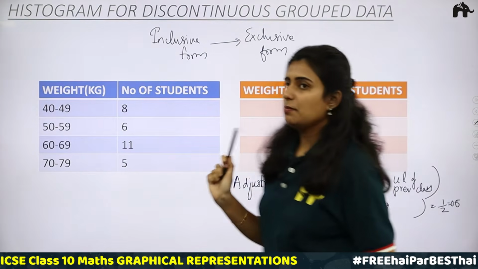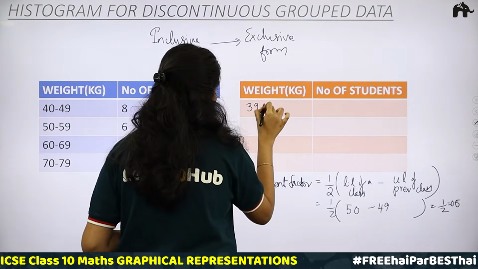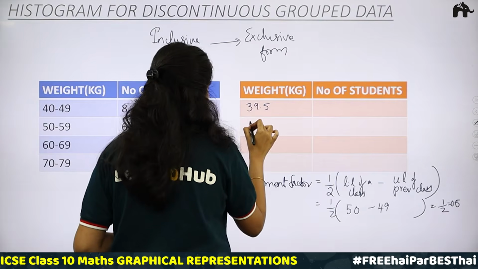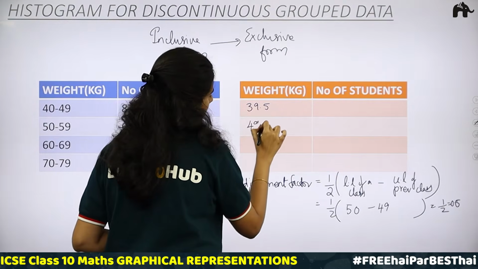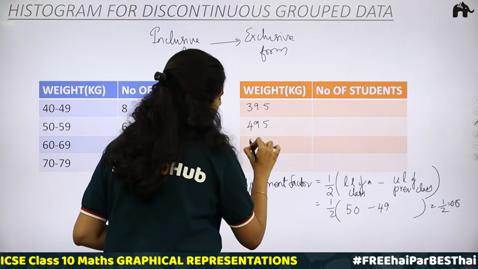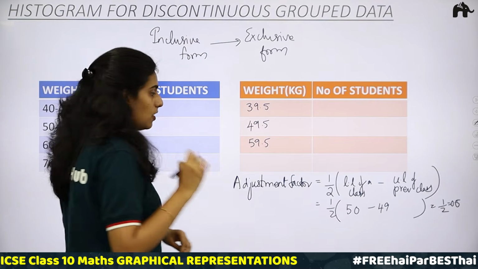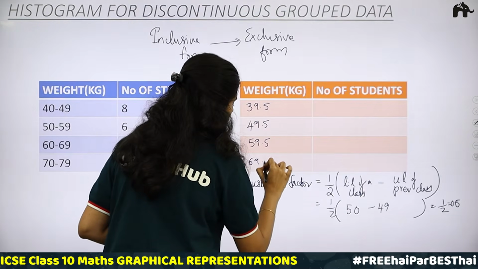40 minus 0.5, you will be getting 39.5. 50 minus 0.5 is 49.5. 60 minus 0.5, 59.5. And 70 minus 0.5, 69.5.